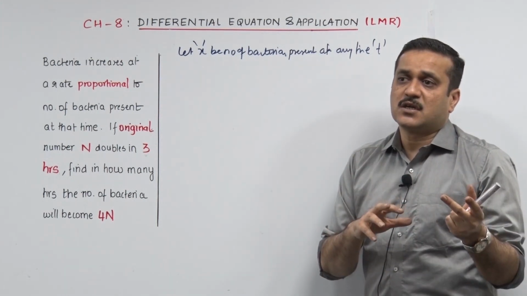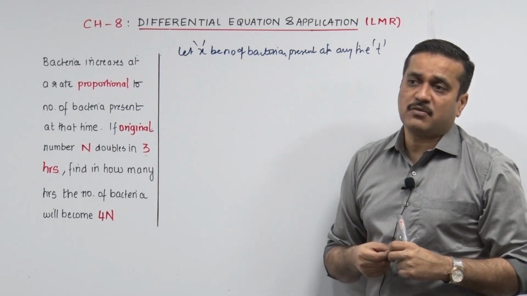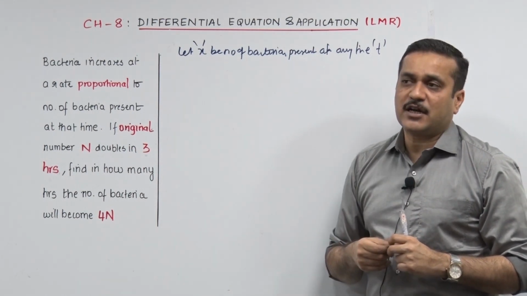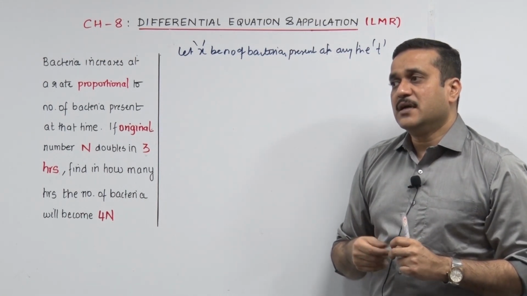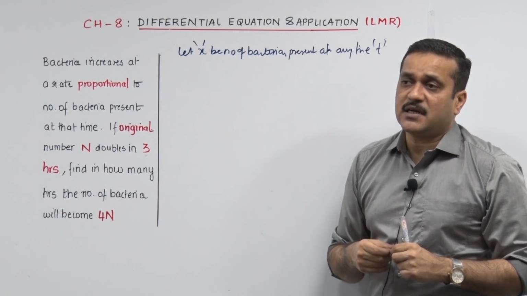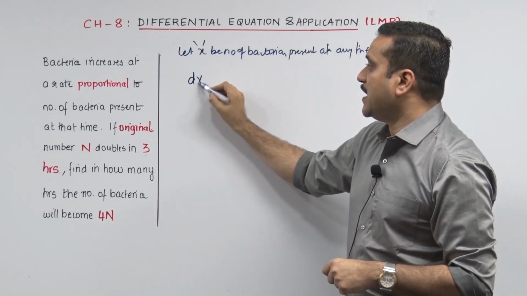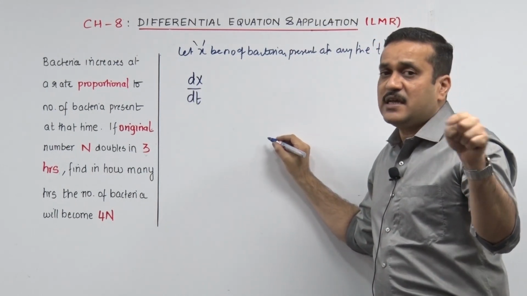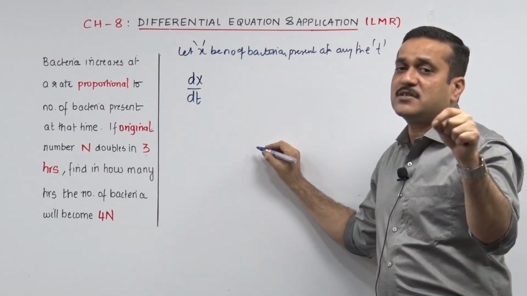To find x given t or to find t given x, we need a relationship between x and t. So it's once again getting to that solution kind of thing. But let us start reading from the very first line. It says the rate at which the bacteria is increasing. So I put it this way: dx by dt is the rate at which the bacteria is increasing. dx stands for the change in the number of bacteria and dt is the change in time.